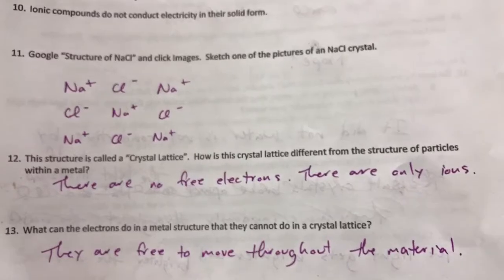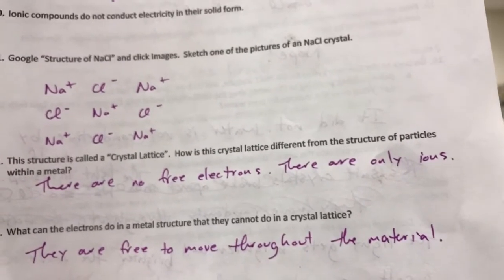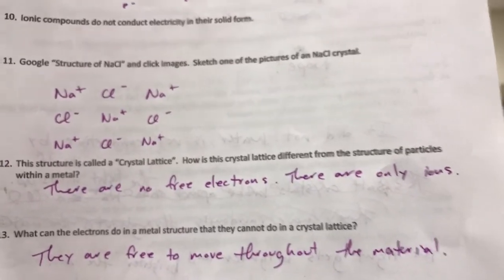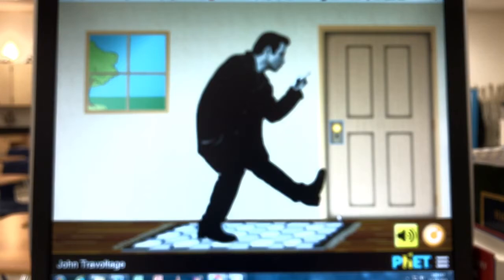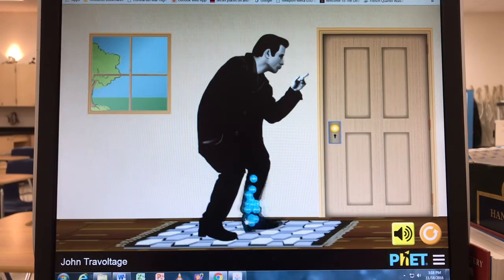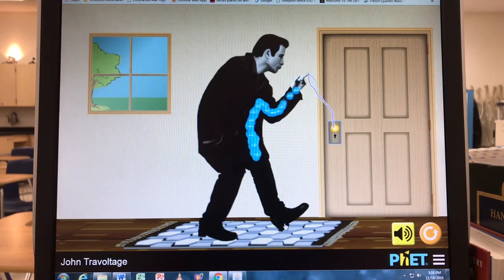The electrons are free to move around throughout the material. They can move from one side to the other. So, hopefully we're starting to get an idea as to what static and current electricity is. Electricity, just as we see on here, is nothing more than moving electrons, electrons as they flow from one thing to another.